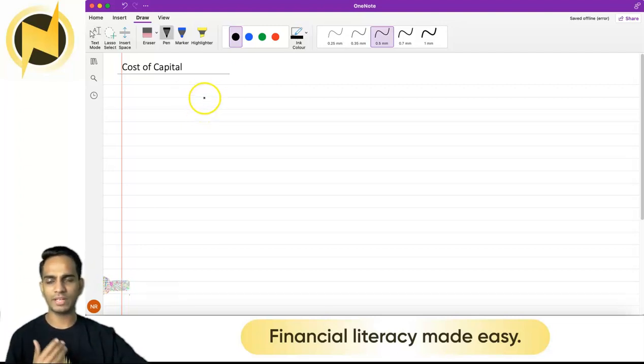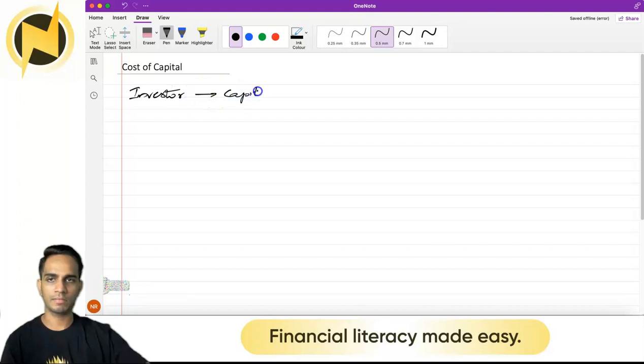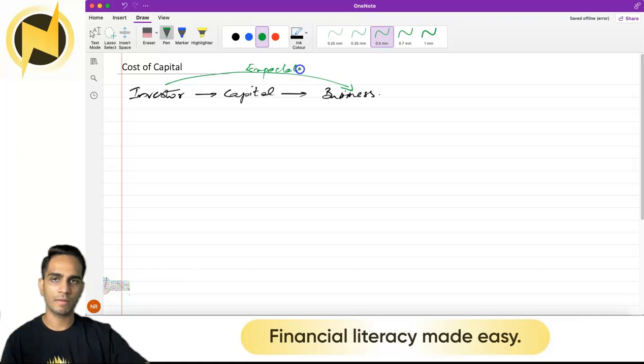I'll give you a very simple explanation. Whenever a person, say an investor, brings in capital to a business, the investor has a particular expectation from the business, correct? He's like, I'll bring in money for you, no problem, but I have an expectation from you.